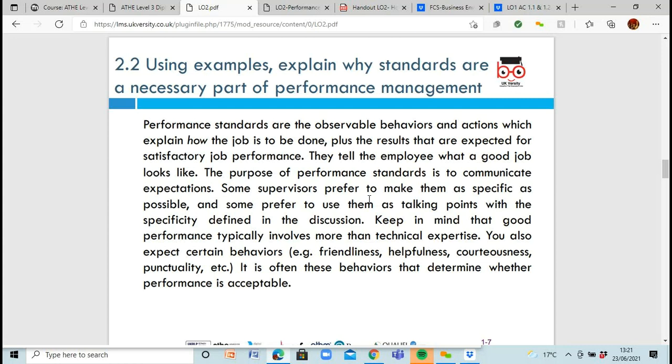If you don't know what your standards are, then you probably wouldn't be achieving your targets, or you wouldn't even be quite effective at work. So these standards tell an employee what a good job performance looks like. And these standards are just there to communicate what the expectations of you are in your role from your management.